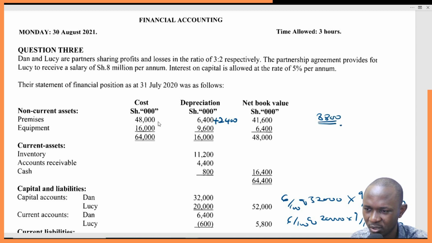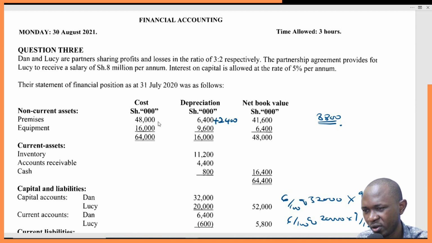Then let's move to the second one, equipment, which is depreciating at 10% on cost. Remember, if they say on cost, you work with the original figure, the historical cost. But if they say reducing balance, you work with the net book value, the cost less the accumulated depreciation. In this question, we've been told on cost, so it will be 10% of the original cost of the assets.